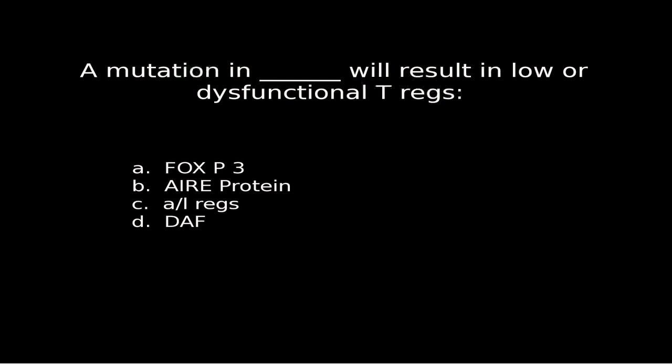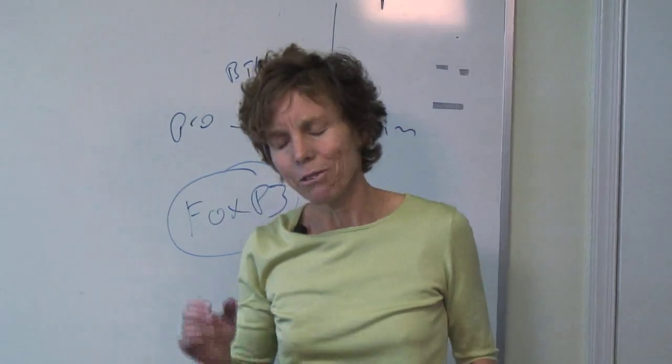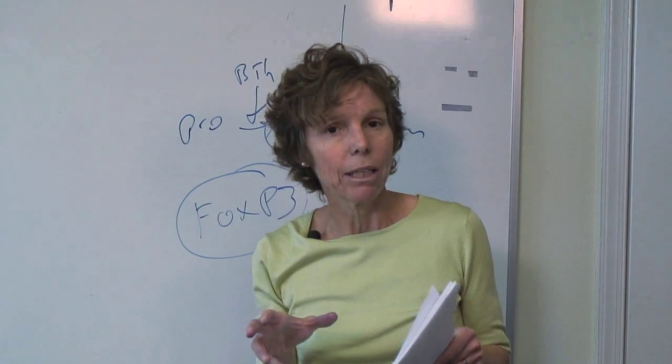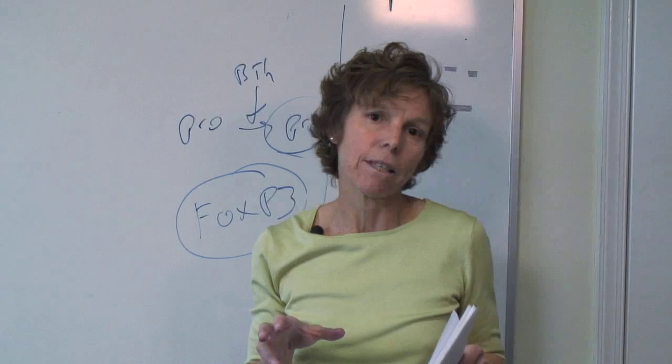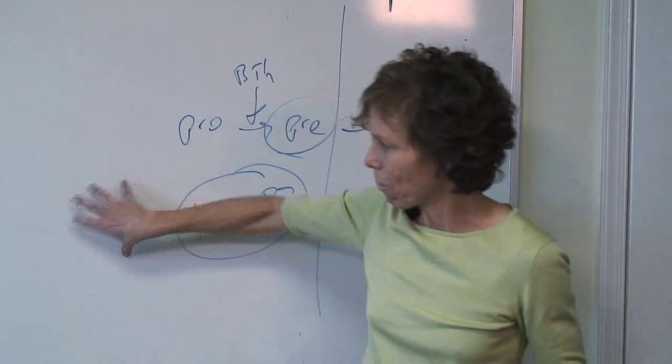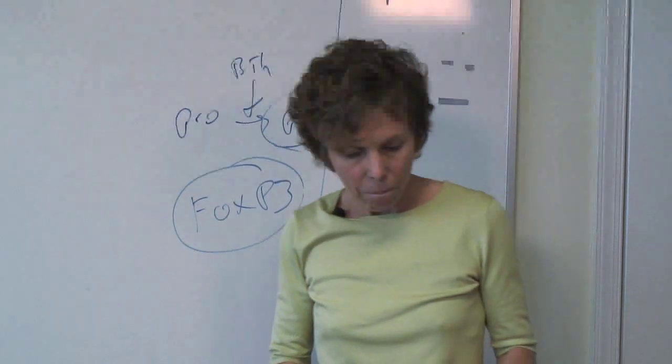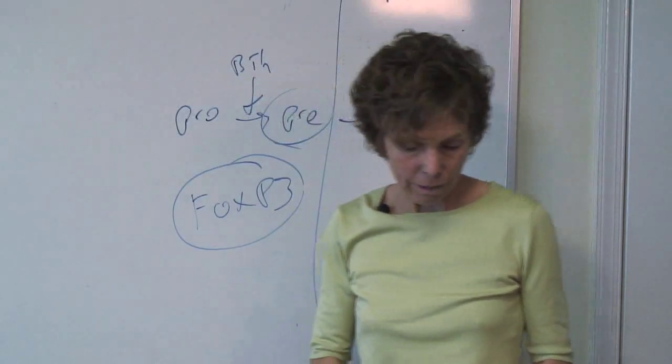And then D, DAF, is the decay accelerating factor, and that is part of complement regulation that prevents that process from acting on your cells and taking it through the membrane attack complex and blowing up your cell through autolysis.